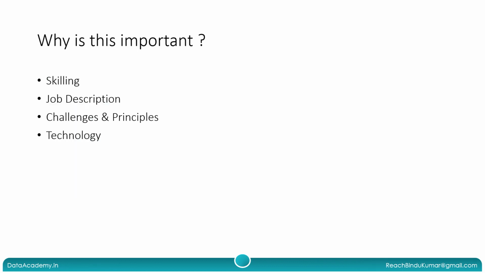Now, why is this important, right? Why is this distinction so important? So here are the 4 reasons. First is skilling, right? Let's say you are putting up a team, or you yourself want to work on one of these 3 different styles of integration. You need to know what kind of technology you need to pick.